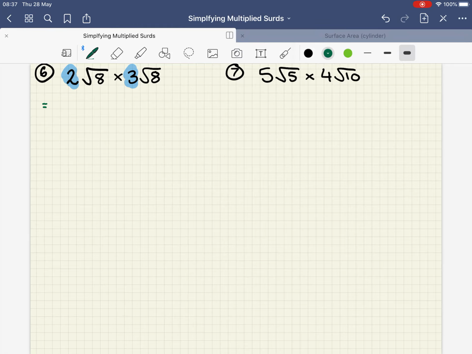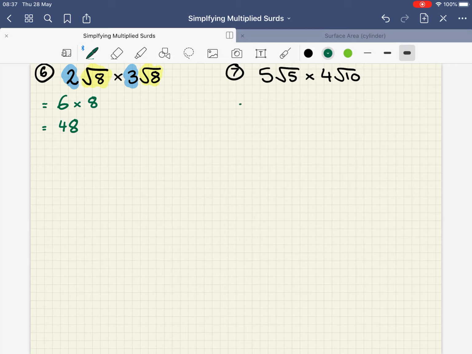So I'm doing 2 times 3, which is 6. Then I look at my surds. So I've got the root 8 times root 8. Well, remember, when they're the exact same, then I lose that root sign. So root 8 times root 8 is just going to be 8. So my final answer here is going to be 48.